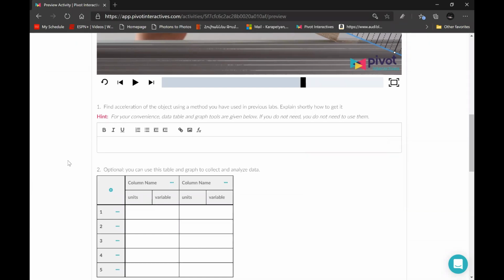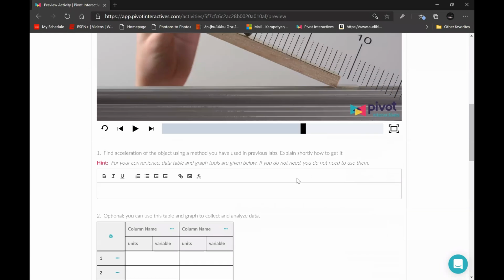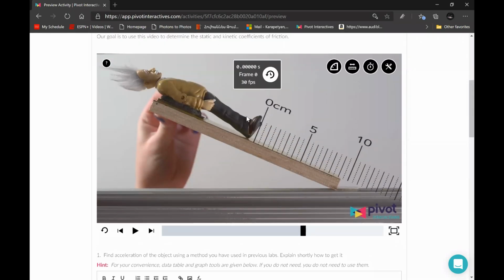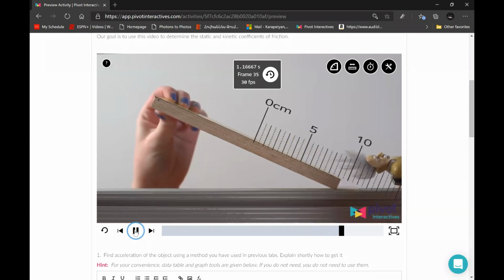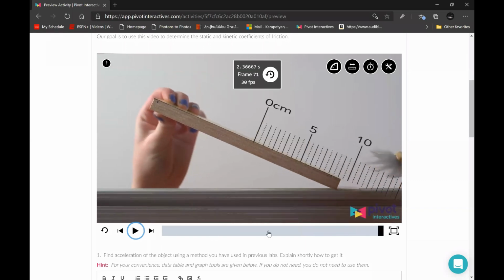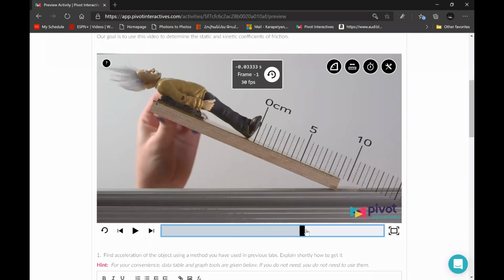Let's say this is where Einstein is going to start sliding down, and my timer is set to 0. If I start my timer, I'm looking at the bottom of his feet. Then it starts sliding down, then I stop, and get my 0 right there.